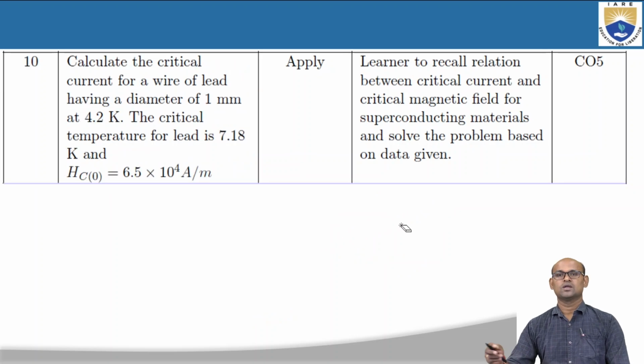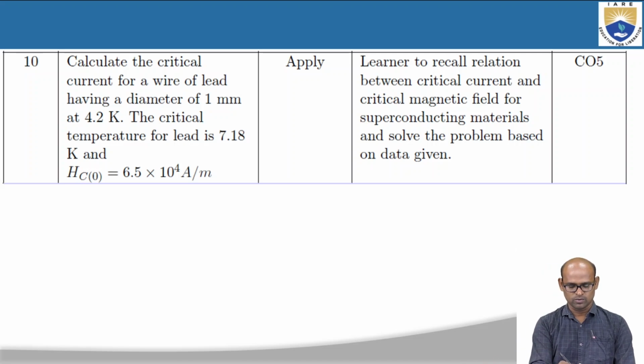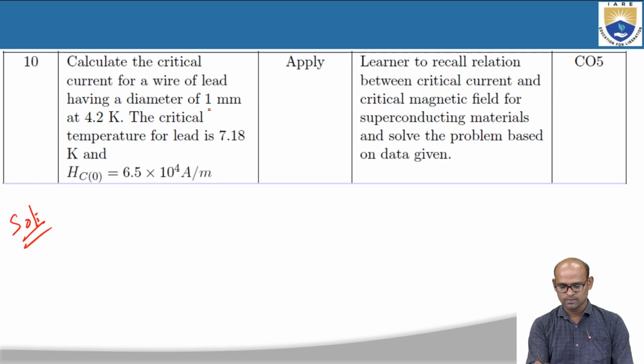The last one is: calculate the critical current for a wire of lead having a diameter of 1 millimeter at 4.2 Kelvin. The critical temperature for lead is 7.18 Kelvin and Hc of 0 is given as 6.5 into 10 power 4 amperes per meter. They have given the diameter, not the radius. The diameter is 1 millimeter, so 1 into 10 power minus 3 meter.